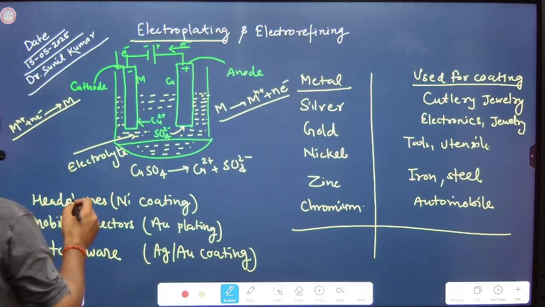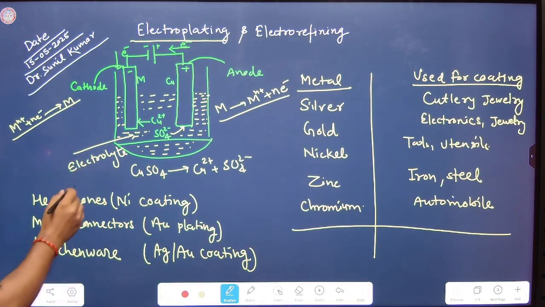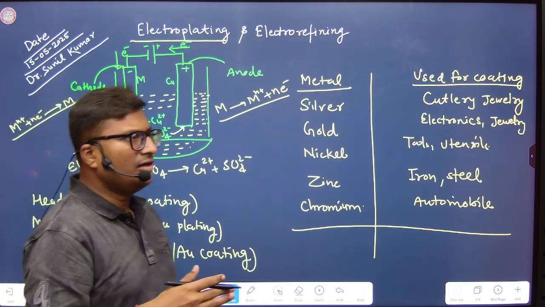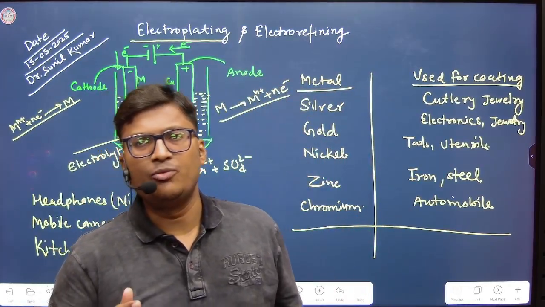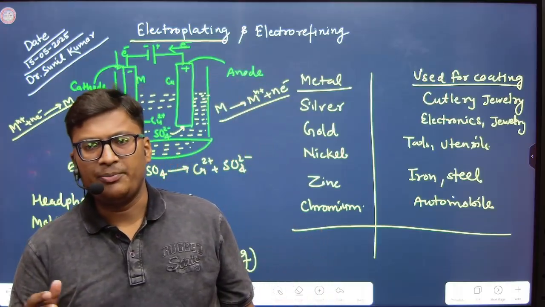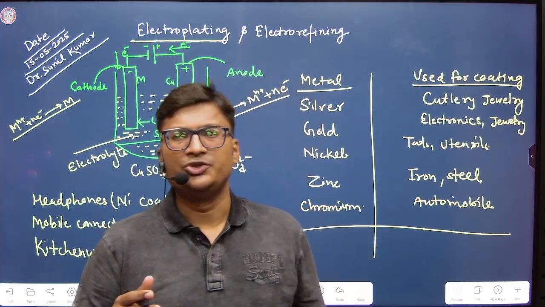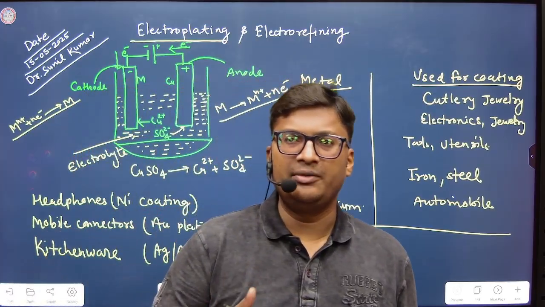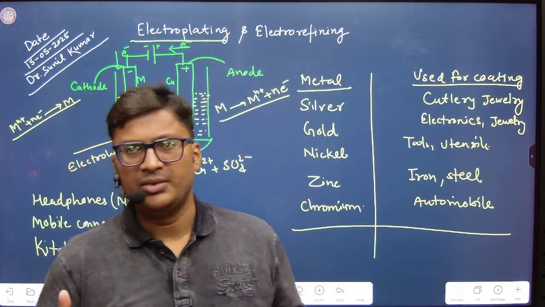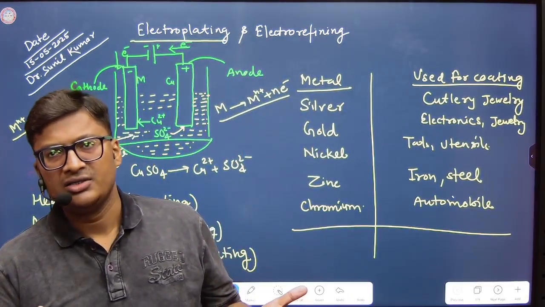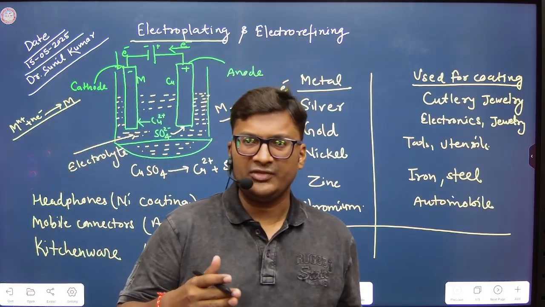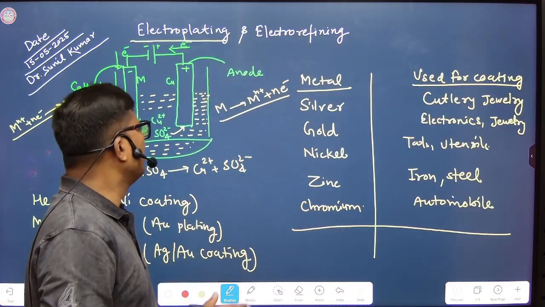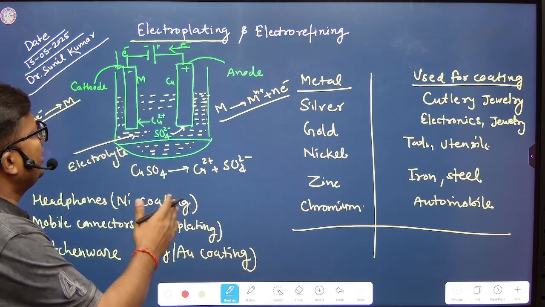So let us try to understand the functional components and complete setup of the electrolytic cell that is used for electroplating, right? Electroplating is the most important process used to coat or deposit metals over another metal.